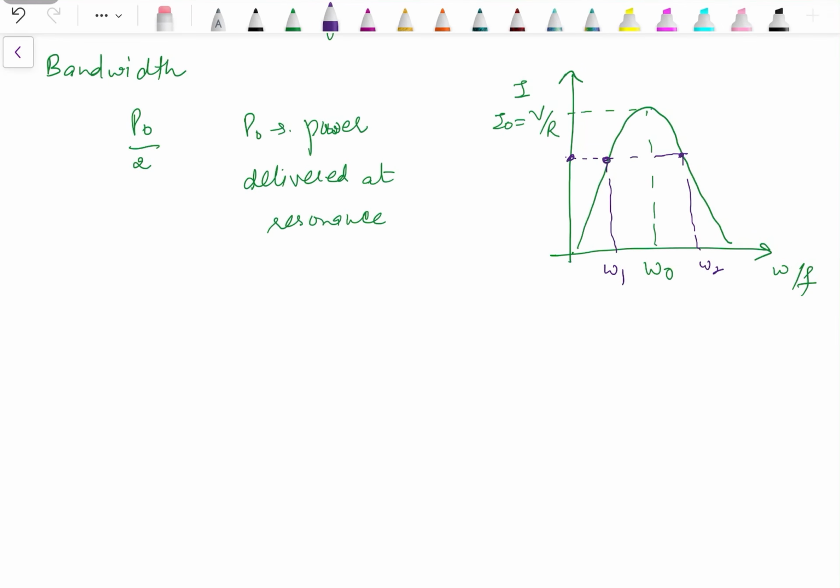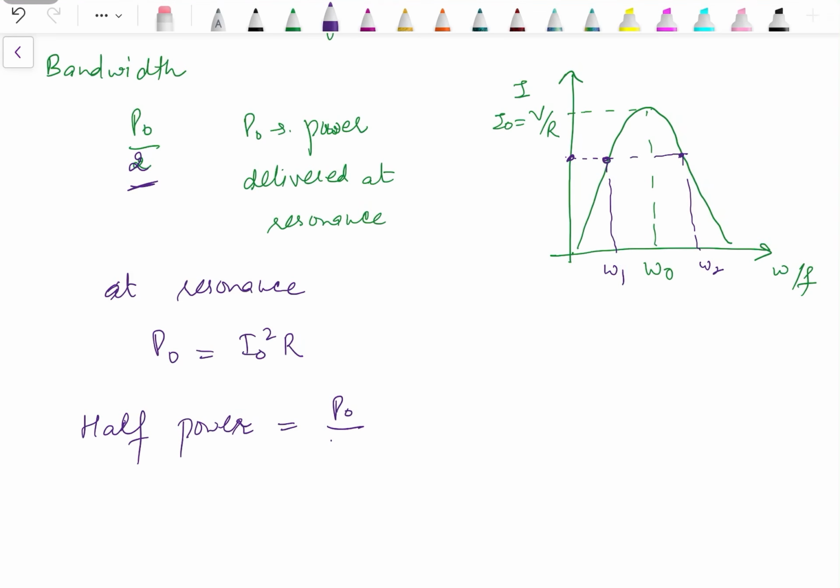Since the power delivered is half, at resonance P naught is equal to I naught square into R. Half power is P naught by 2, which is I naught square by R into R by 2.